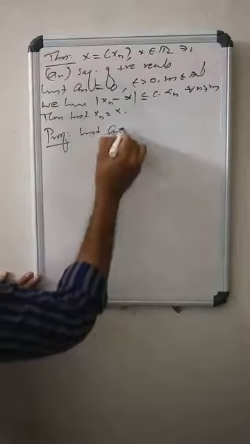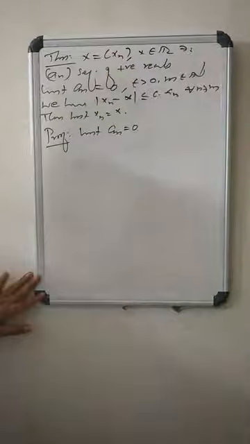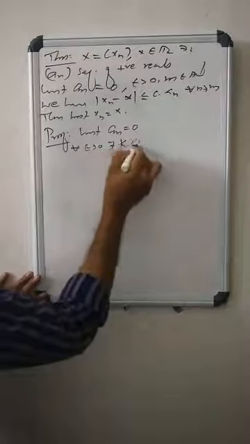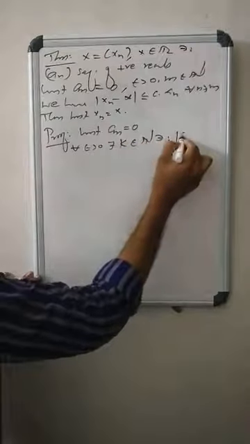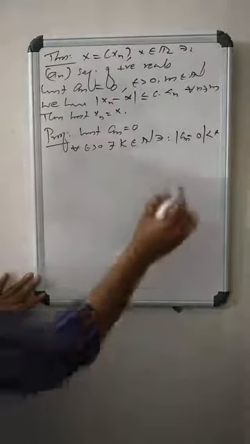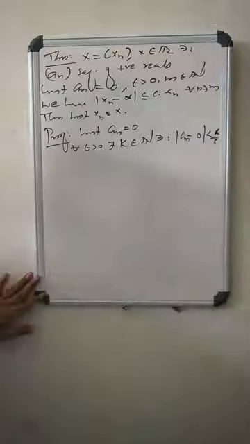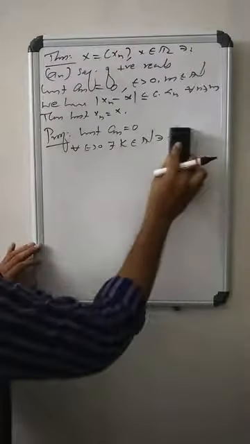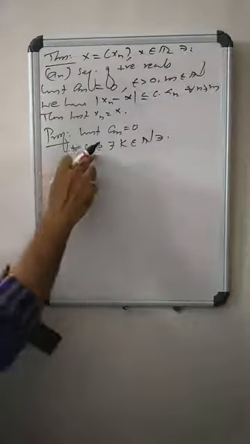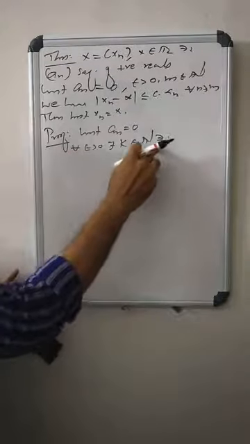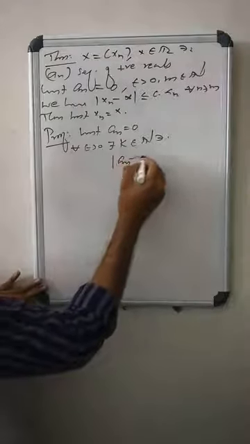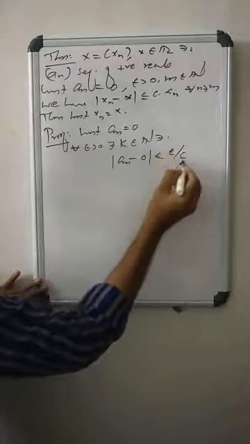The limit of an equals 0 means, by definition, that for all epsilon positive, there exists some natural number k such that the modulus of an minus 0 is strictly less than epsilon, or epsilon by C. The limit of xn equals x means for all epsilon positive, there exists a natural number k such that the modulus of xn minus x is strictly less than epsilon. So by using that argument, the modulus of an minus 0 is strictly less than epsilon by C.